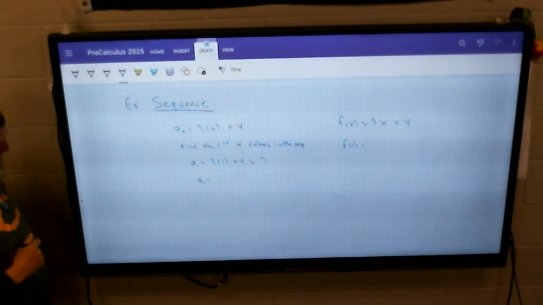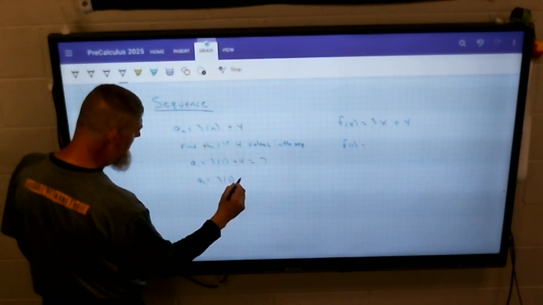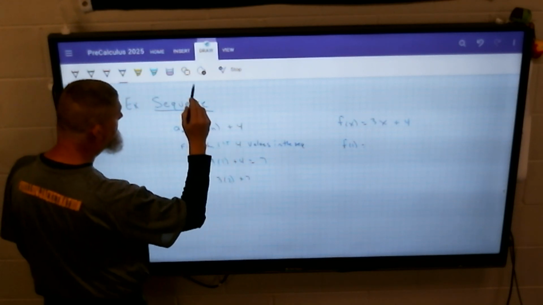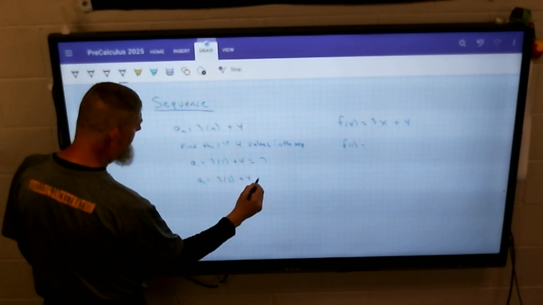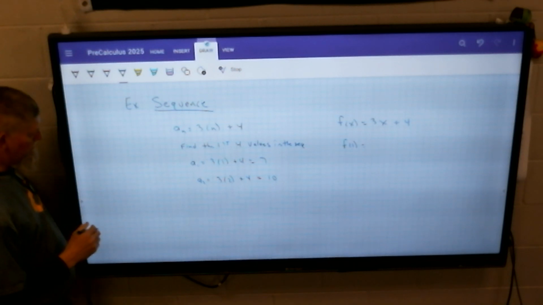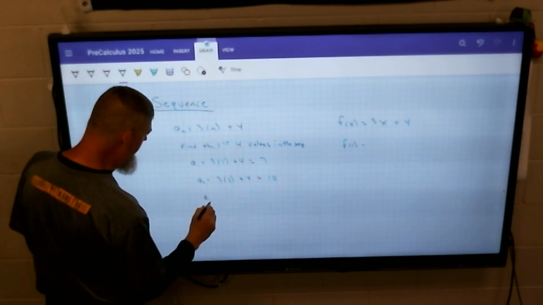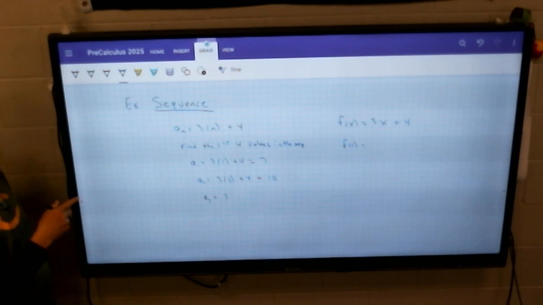And what is a of 2? 10. You just add 3. And where do you see 3 in my original equation?